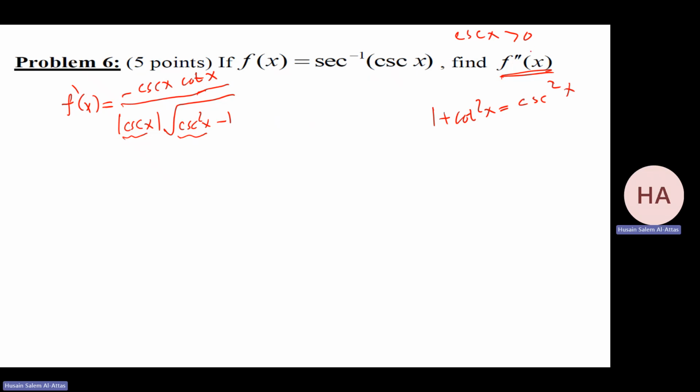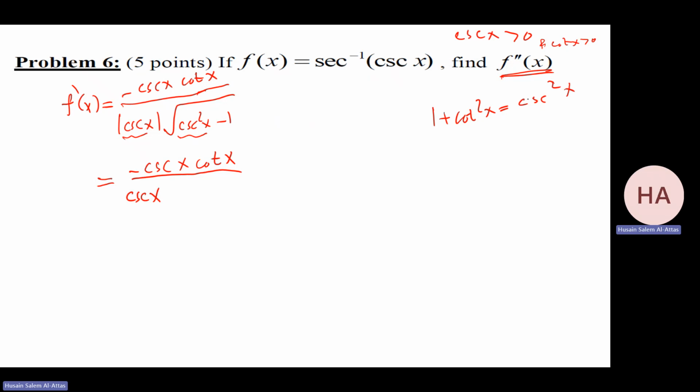So I think also I need to put the condition that cotan is positive to make it, yeah. So when you do this, I have minus cosecant cotan x over cosecant x.